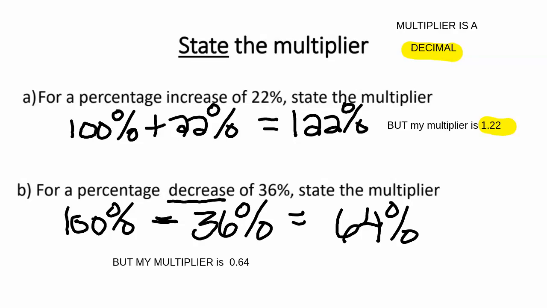It is the decimal. Okay. And that's where you have to remember vocabulary. What is the multiplier? The multiplier is a decimal. Now, some of what I've done here you can do in your head, but I'm writing it out for those who need it, because sometimes people have trouble.